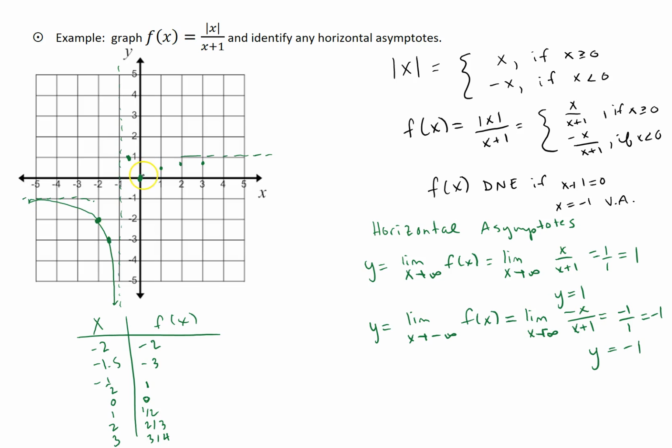And on this side it looks like we're going up towards the vertical asymptote. And over here we've come down to 0, and then we're going to bounce back up towards the horizontal asymptote. That ends up being a good approximate sketch of my graph. And we do have the horizontal asymptotes at y equals 1 and y equals negative 1.